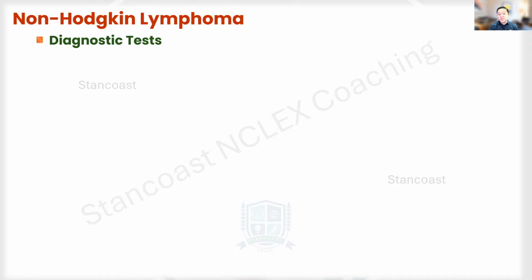Now, as we go along here, the diagnostic tests are the following. There's going to be lymph node biopsy, and as I've said earlier, the biopsy will detect that the size of the lymph node basically is greater than about 1 centimeter. Greater than 1 centimeter in size. And the patient here will also require some imaging studies.